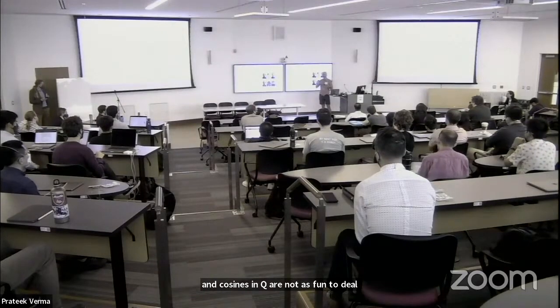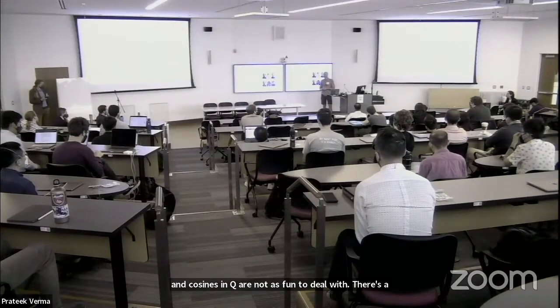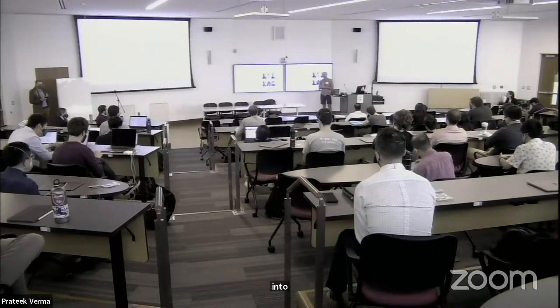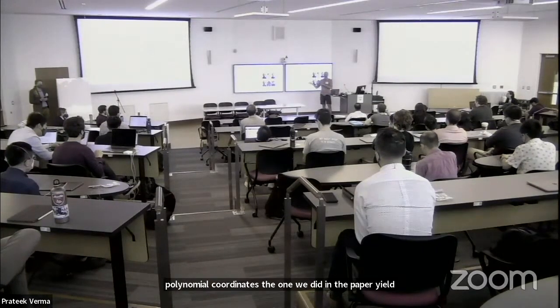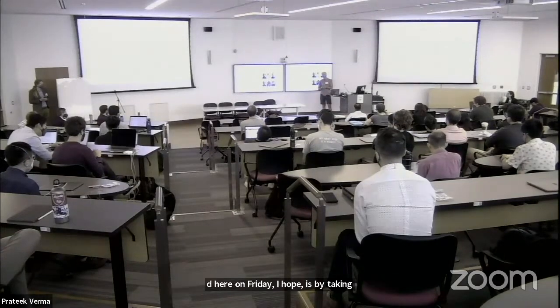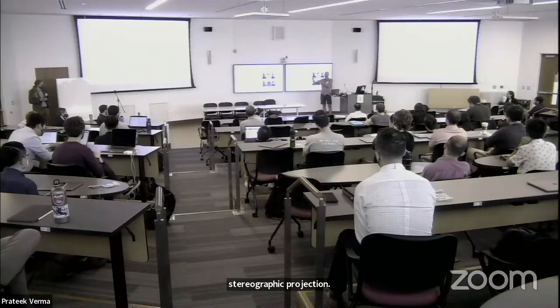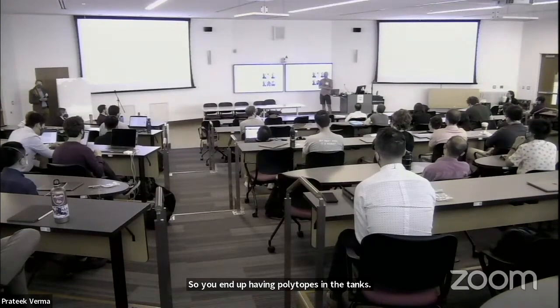There's a handful of ways you can transform those variables into polynomial coordinates. The one we did in the paper you'll hear on Friday, I hope, is by taking the stereographic projection. So you end up having polytopes in the tangent of Q, roughly the space of tangent of Q over 2. But it's basically polytopes in Q.